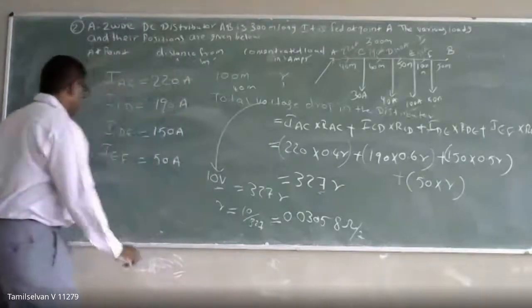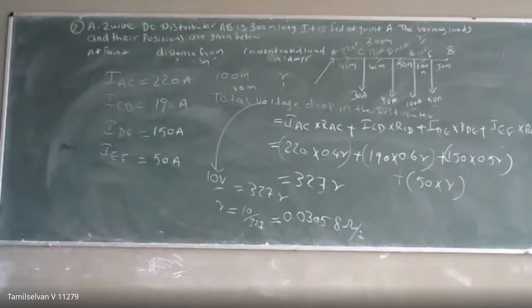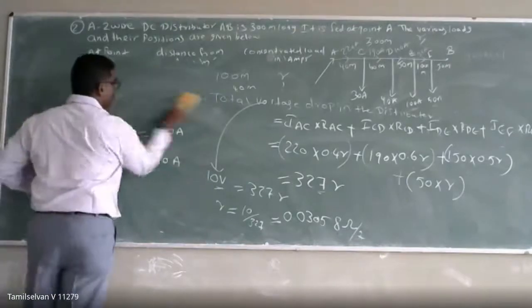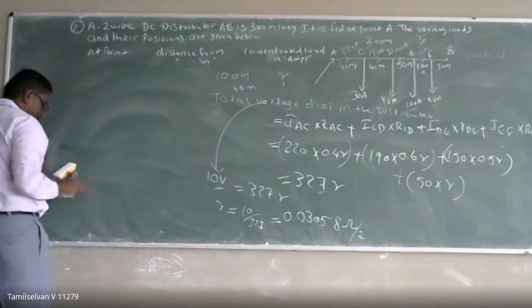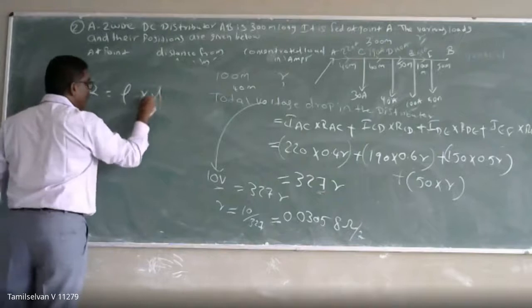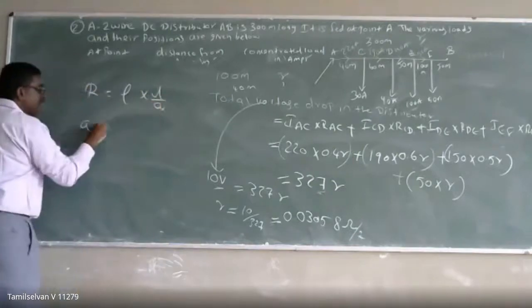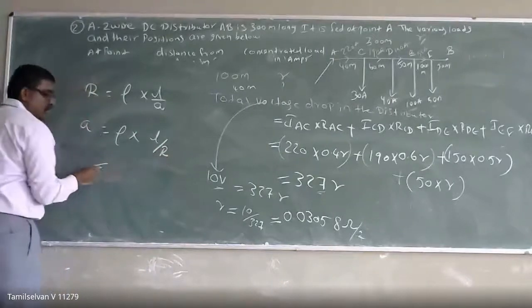Now I can calculate the cross-sectional area. Remember R is equal to rho into L by A, so A is equal to rho into L by R.